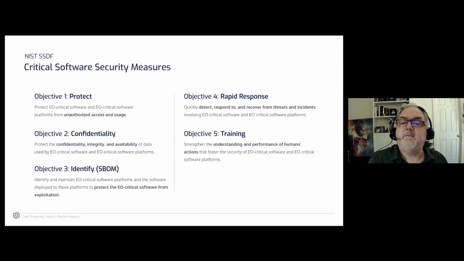The SSDF identifies security measures for software development of critical software, focused on 5 objectives: protecting software and platforms from unauthorized access and usage, protecting their confidentiality, integrity, and availability, maintaining a software bill of materials to help protect critical software from exploitation, developing a rapid response capability to detect, respond to, and recover from significant events, and training the humans involved in these efforts to ensure the measures are successful.